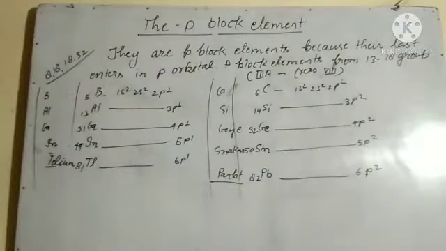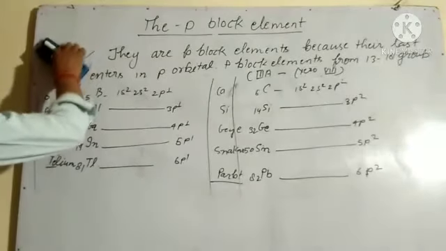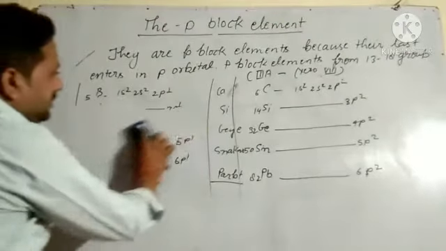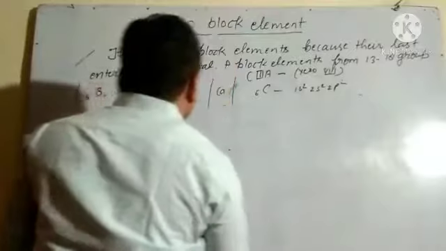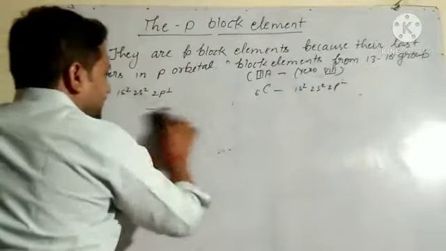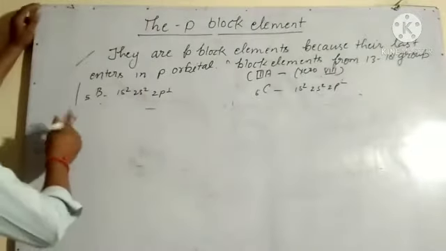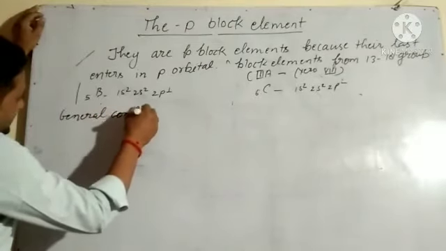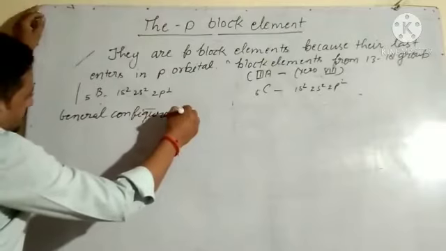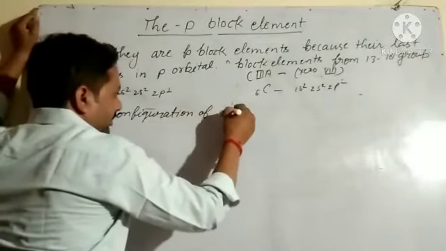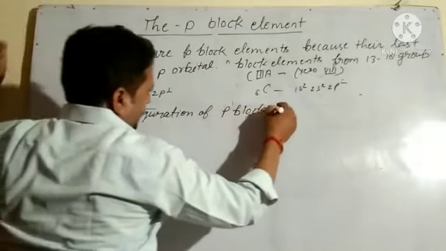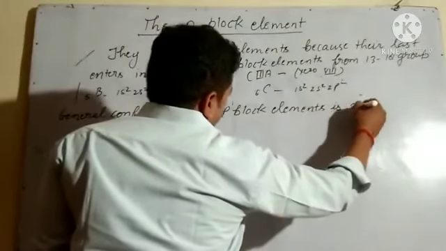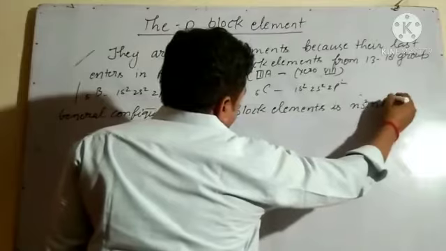So what point do we get from here? General configuration of P block elements is ns2 np1 to 6.